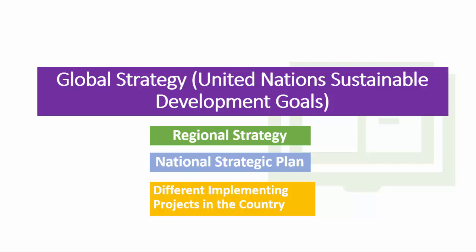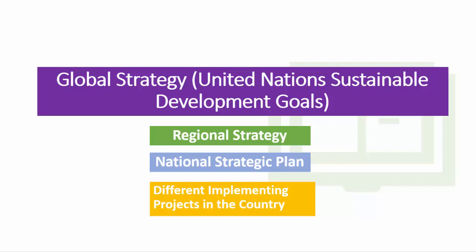This document outlines where they are, where they want to go, and how they're going to get there. So, in terms of economic performance, where they want to see themselves in 5 years, that document outlines how they are going to get there. It has a lot of indicators in it. This document is a living document. It feeds into all the other strategies around the world. At least it should be speaking to these strategies.